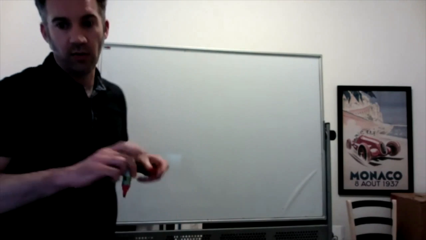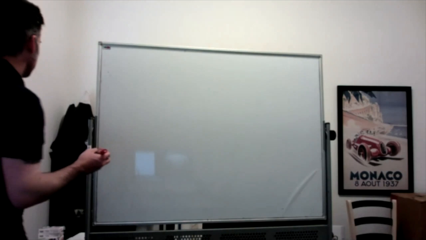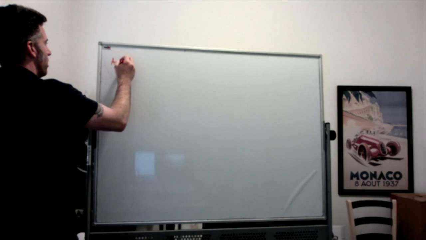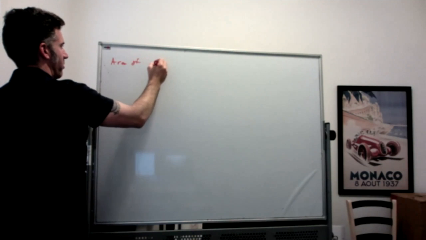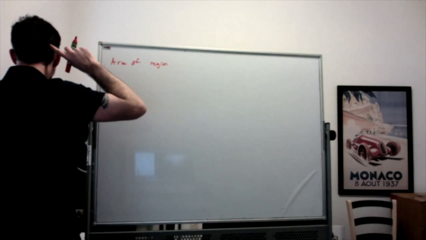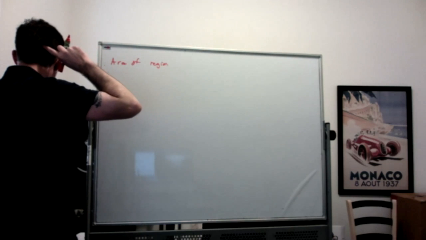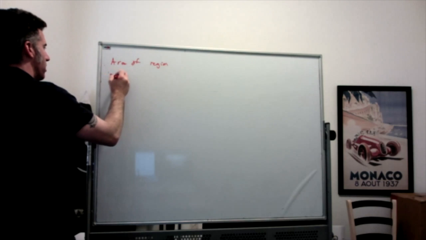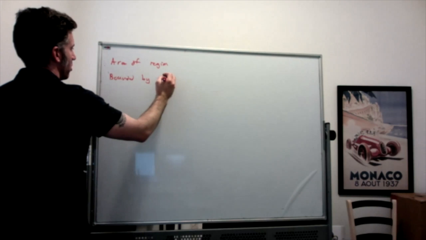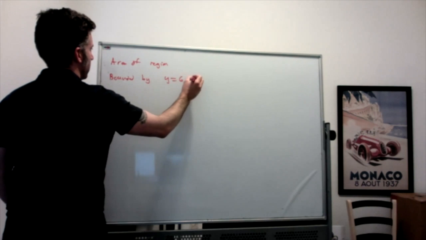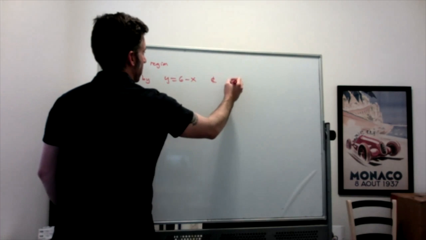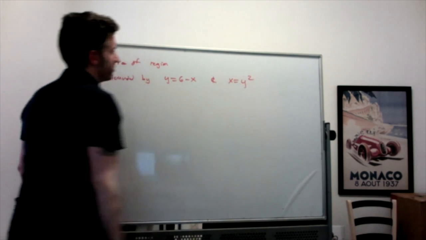Let's look at another one. I want to find the area of the region. I'll do my favorite problem. Bounded by y equals 6 minus x, and x equals y squared.